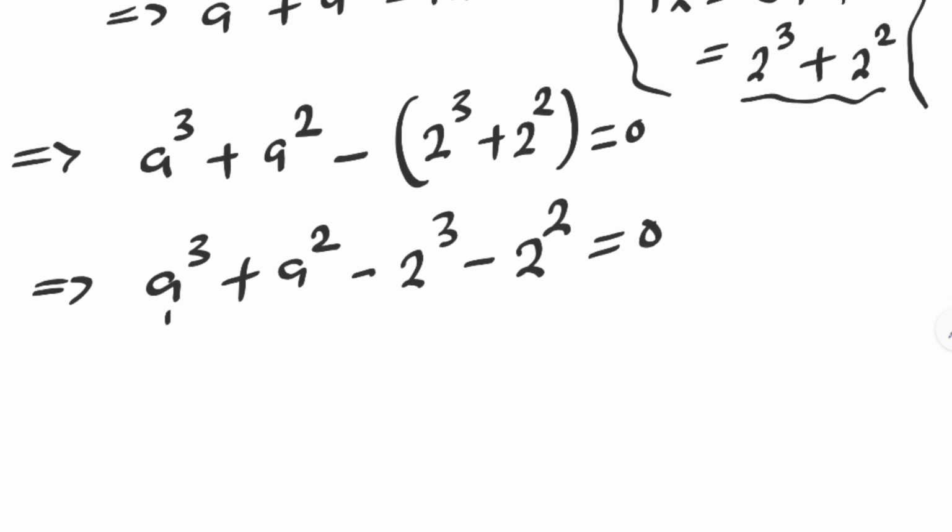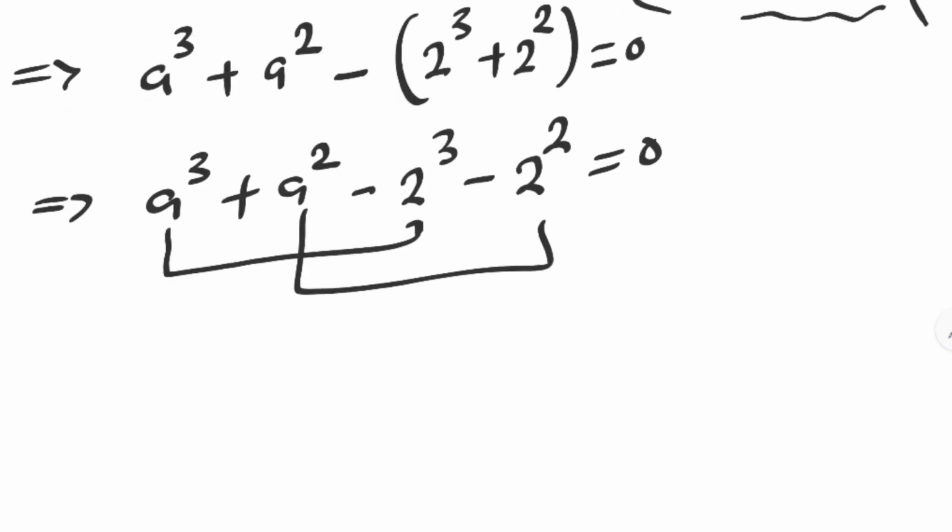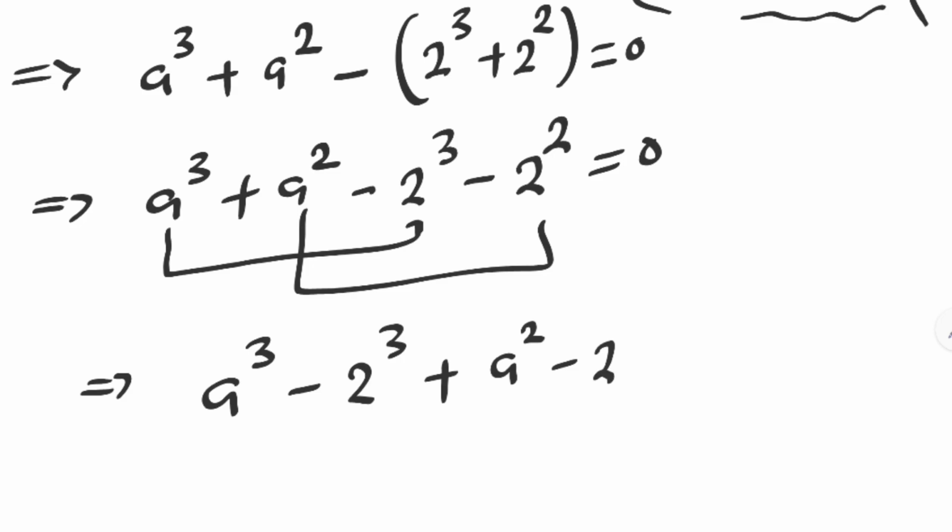Now let us pair this with this and this with this. A raised to power 3 minus 2 raised to power 3 plus a squared minus 2 squared is equal to 0.